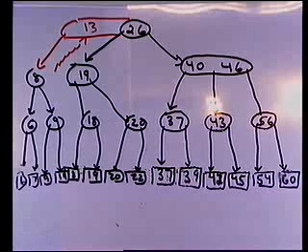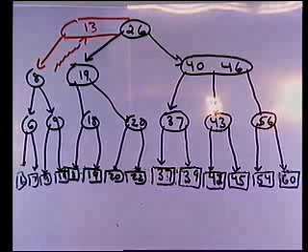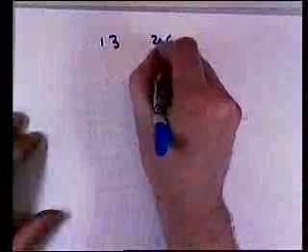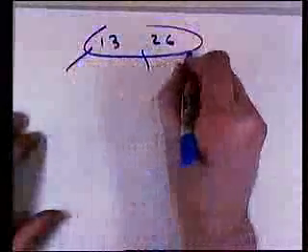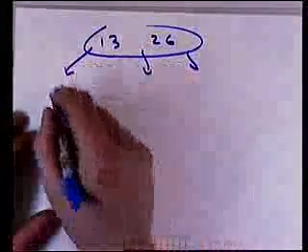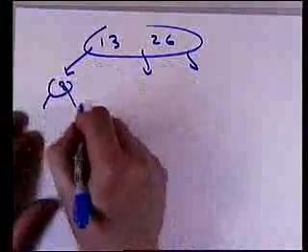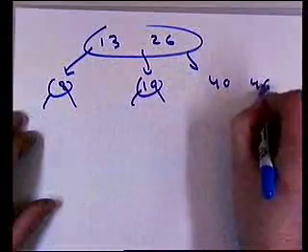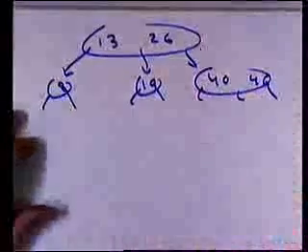And you may rightfully ask, what would happen if the root overflowed as well? If the root were to overflow, we'd have a situation where, let's say we inserted something else, and we ended up ultimately with this as our old root, 13, 26. And then let's say we had here 8, blah, blah, blah, and 19, blah, blah, blah, and 40, 46, blah, blah, blah.